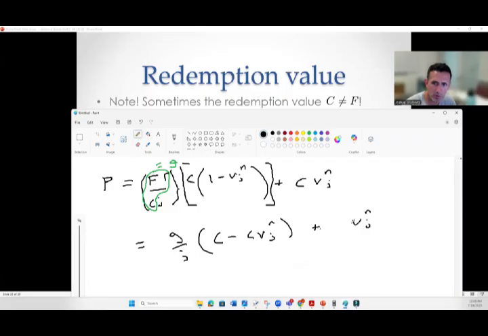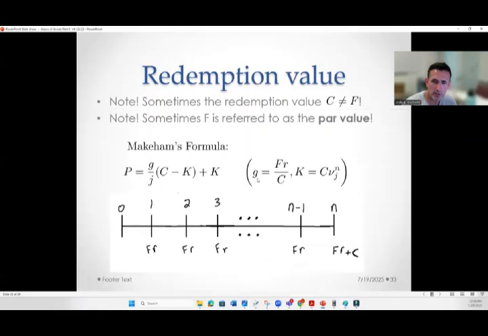I can't even call it algebra. But like before, this is K. So I'm not going to write anything more. It's G over J, C minus K, plus K. Simple as that.